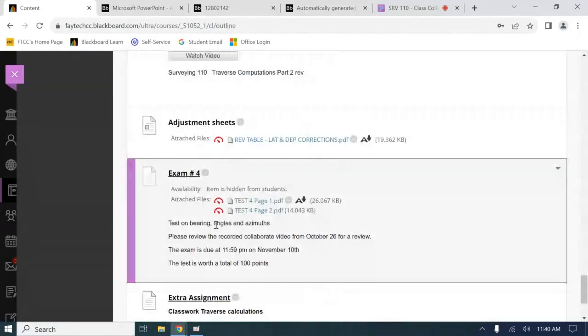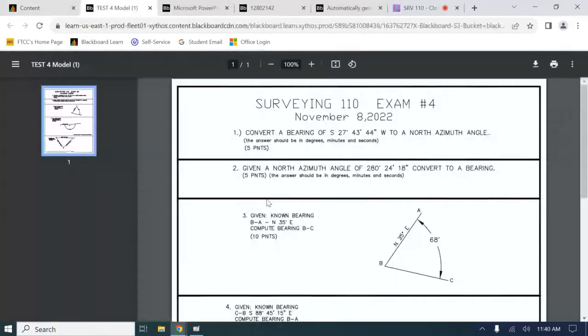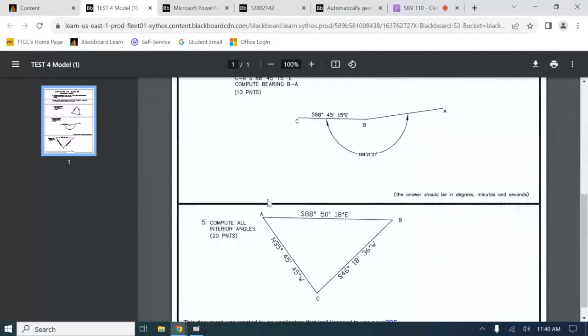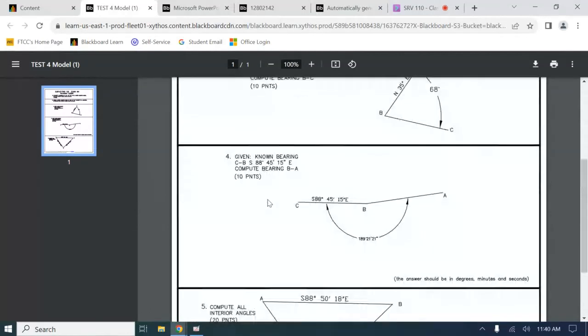Here's exam 4, it's hidden, so this is going to be like what your test is like. Just like the homework stuff, I just don't have it where you can see it.